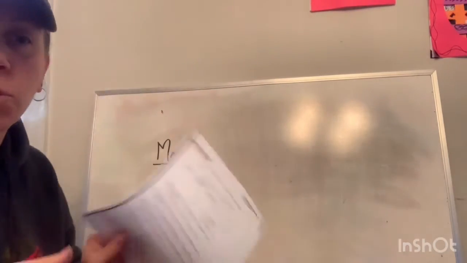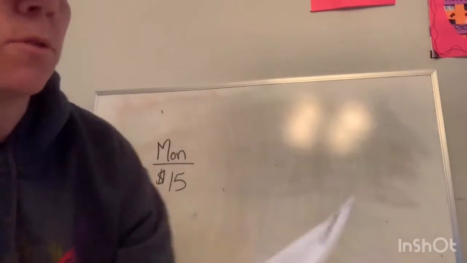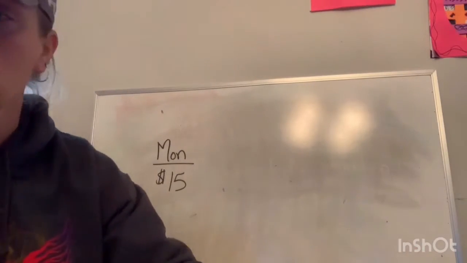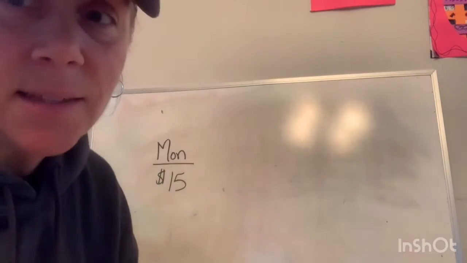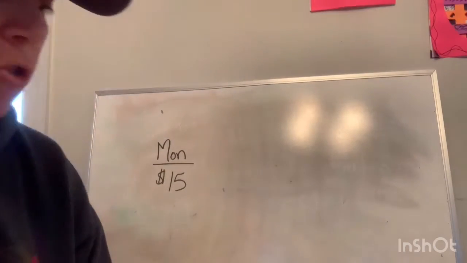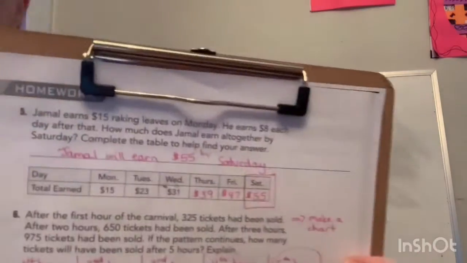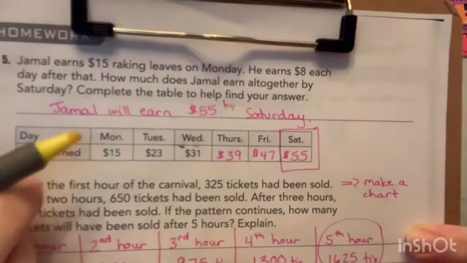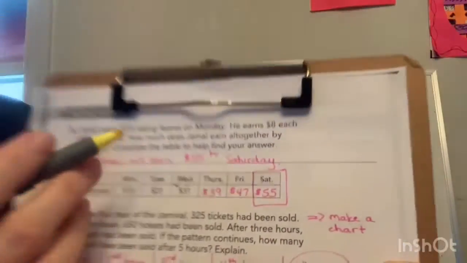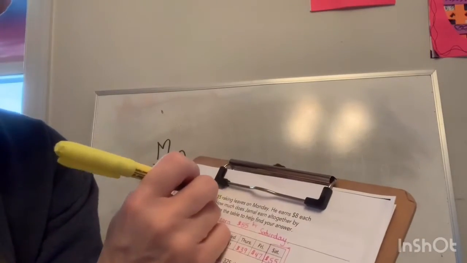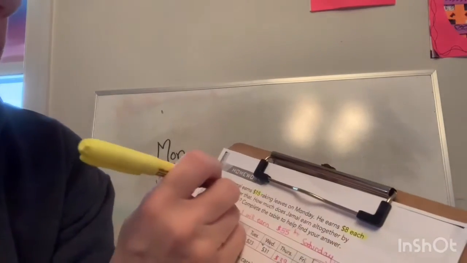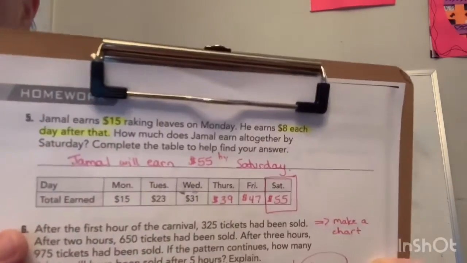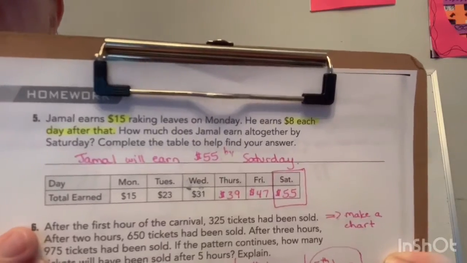So if I were doing this problem, let me put this up here to the board. Highlighting is a great strategy for doing these problems. So Jamal earns $15 raking leaves. So I would highlight $15. He earns $8 each day after that. $8 each day after that.